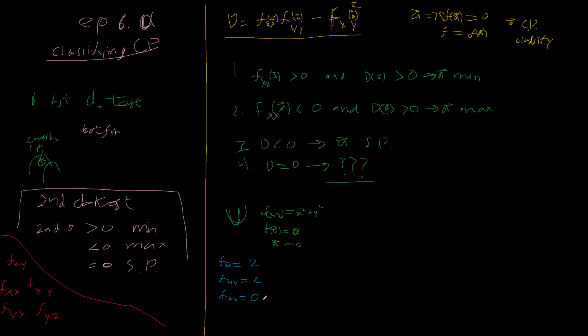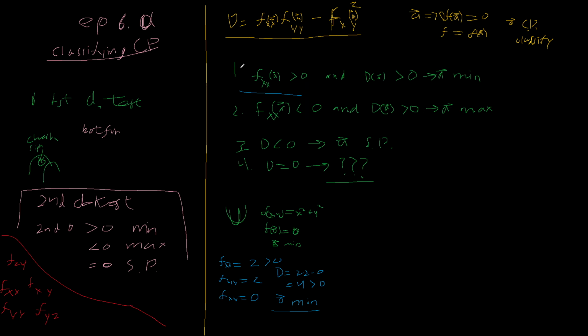So D is equal to 2 times 2 minus 0, which is equal to 4. So D is greater than 0, which means the vector 0 is a minimum. That's exactly what we wanted.